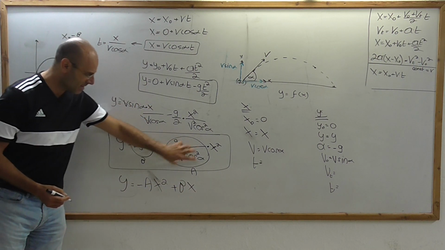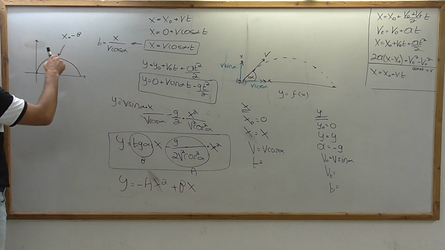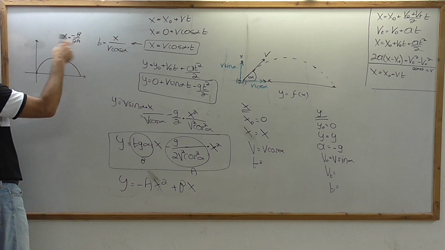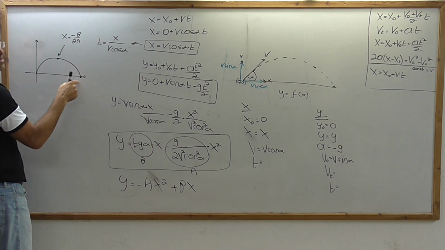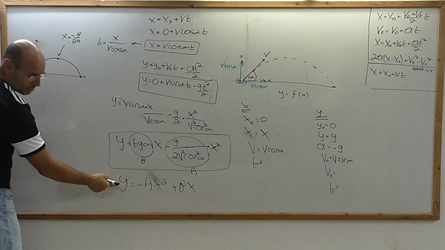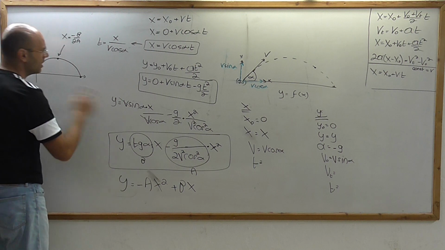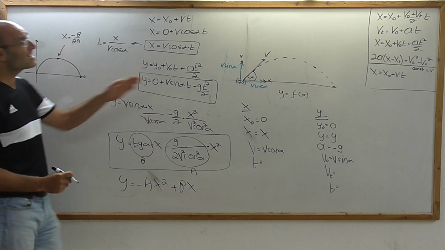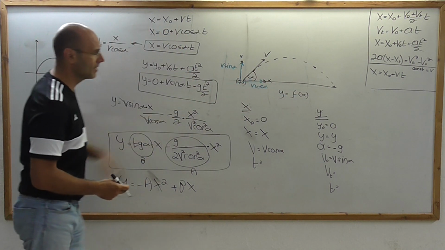It's exactly the same. If you want to find this point on the parabola, just place 0 at the y and isolate the x. You'll get both x's, this x and that x. And this is exactly what happens here.